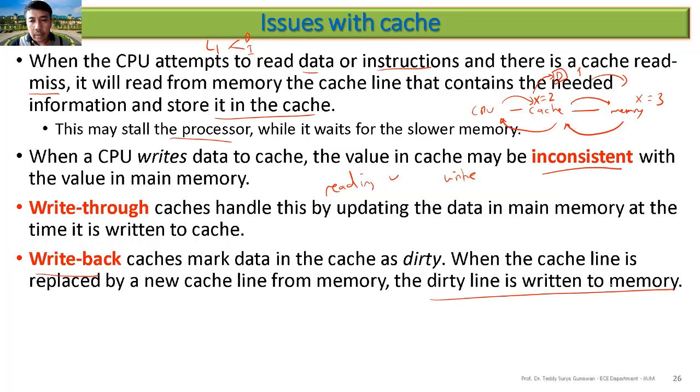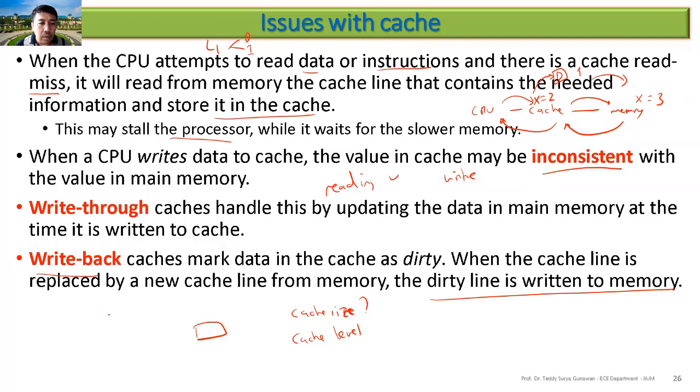Another issue is the replacement algorithm. Remember, here you have cache. What will be the cache size? You need a trade-off between the cache size as well as how many cache levels. Is it better to have L1, L2, L3, and then L4, for example, or is it too complicated?